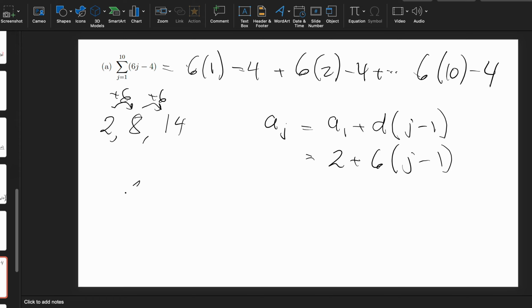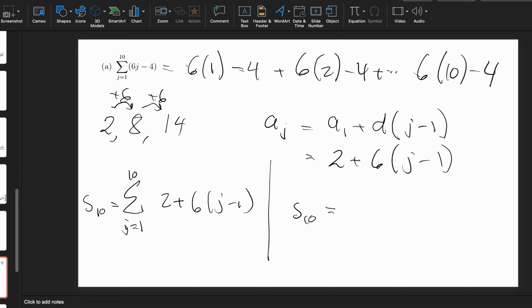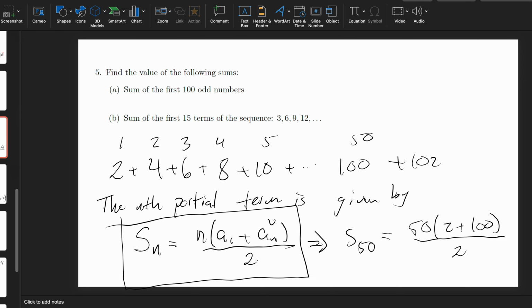This is asking me to find the 10th partial sum of this arithmetic sequence, so this is S sub 10. To do that, I just use my formula: n times a sub 1 plus a sub n, all over 2.